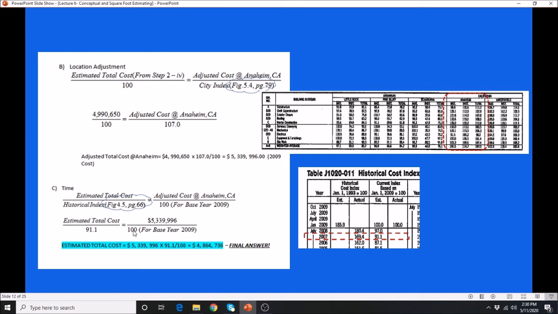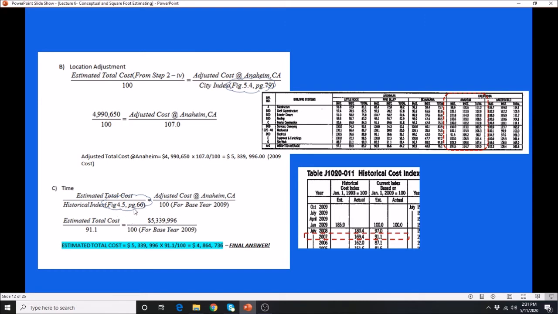If you will be comparing from year to year, then you might need to calculate that in terms of the historical index at any given year. But since we are comparing that in 2009, that is 100%. So calculate the estimated cost based on time, historical index, again page 4.5, figure 6.6.